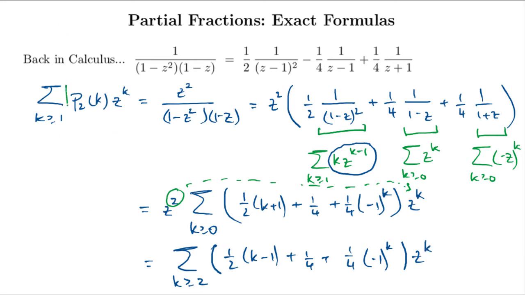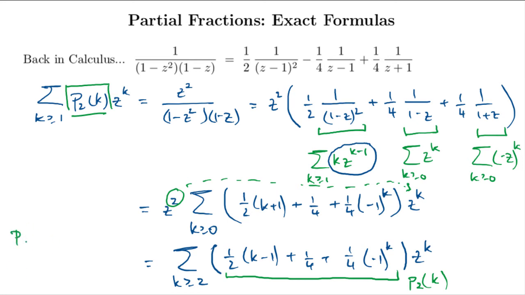So we started with the generating function for this partition counting function P2. And so that means, here it is, this is an exact formula for the number of partitions of k into 2 parts. Let's maybe make a sanity check.